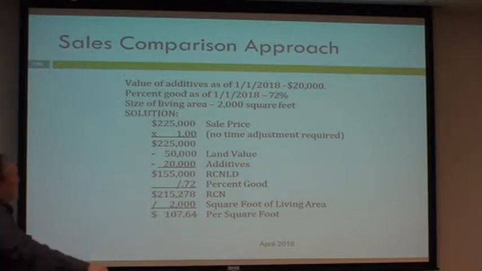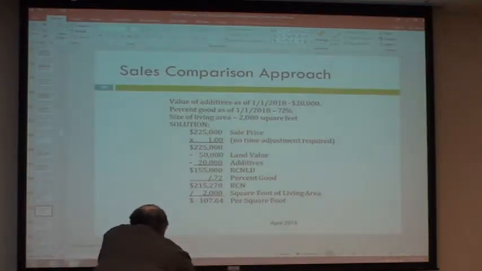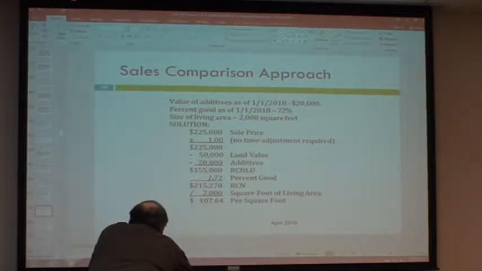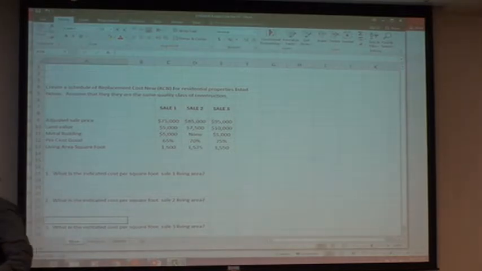Let's work. I'm going to want you to work 3 problems here, because you will see some of this in your future, okay? Here's 3 problems. They're all very similar problems. We got a sales price, we got a land value, we got a metal building value, we got a percent good.